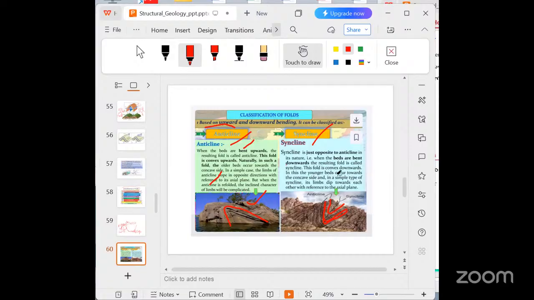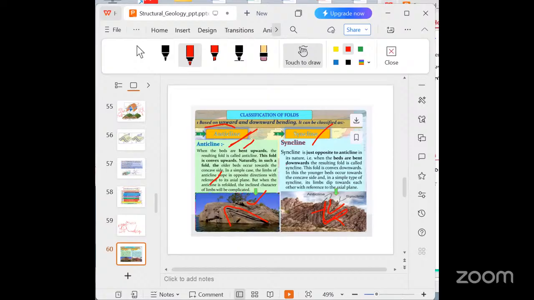In this, the younger beds occur towards the concave side. These are called limbs. These limbs dip towards each other with reference to the axial plane. These are 5 marks questions. So anticline or syncline, they ask 5 marks questions.